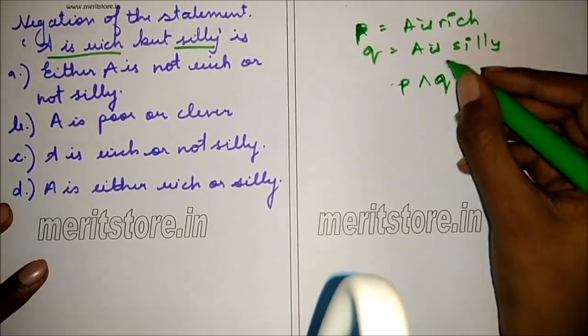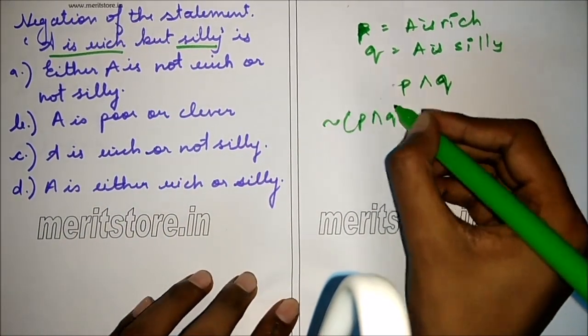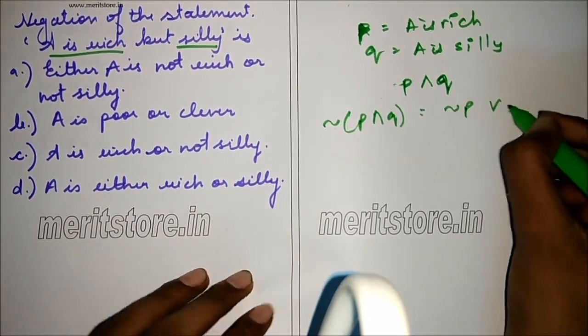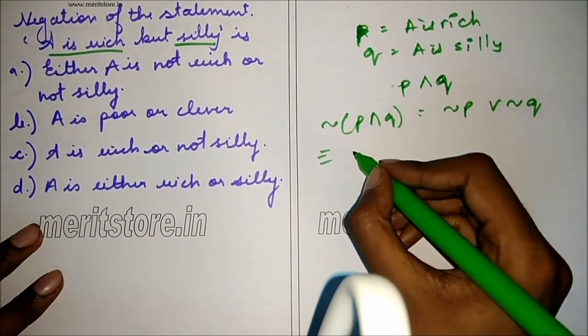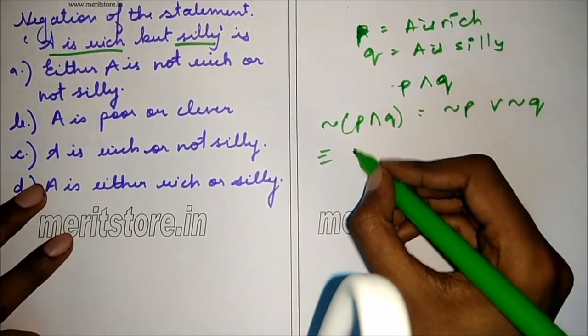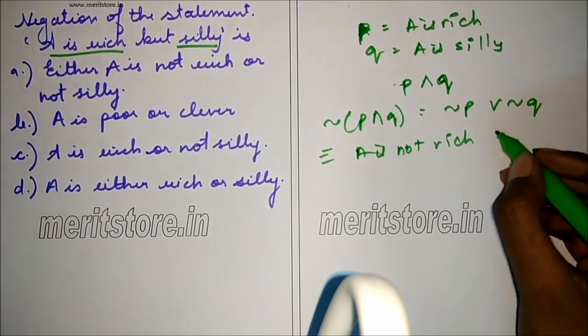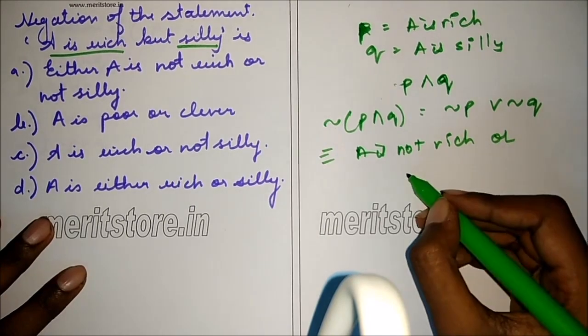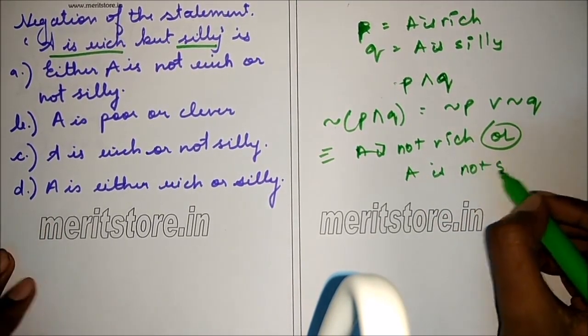So given statement is P and Q, we have to find the negation. So negation of P and Q is negation P or negation Q. That is, in statement form, negation P is A is not rich or A is not silly.